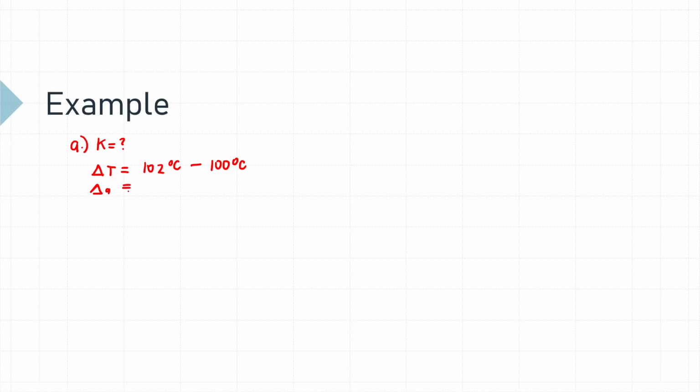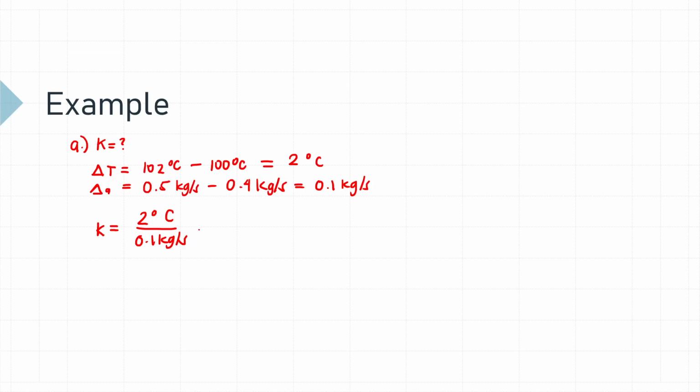This is equal to the new one, which is 0.5 kilograms per second, minus 0.4 kilograms per second. This one should be equal to 2 degrees Celsius, and this one is equal to 0.1 kilograms per second. Therefore, if we're asked to find K, that is just 2 degrees Celsius divided by 0.1 kilograms per second. Don't forget to add the units because these are important after all.